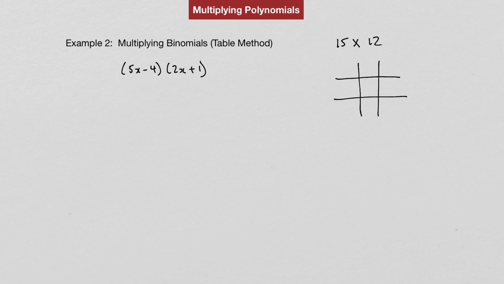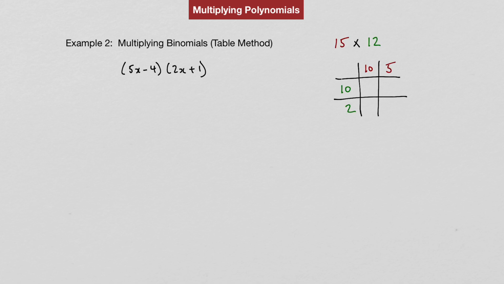If we were to put this in a table, we would multiply 10 and 5, that would represent our 15, and 10 and 2, and that would represent our 12. Let me go ahead and change the color so that it's a little bit more obvious.